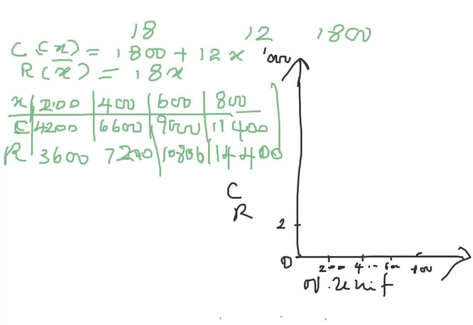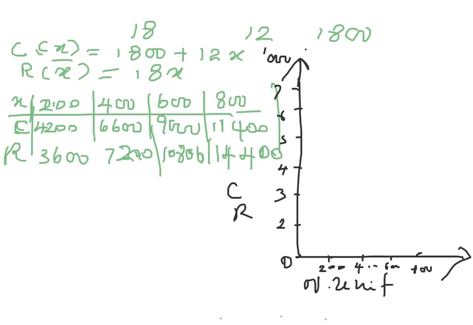Okay, so 2, 3, 4, 5, 6, 7, likewise. Then when we first draw our revenue function, when x equals 200, the value is 4,000.